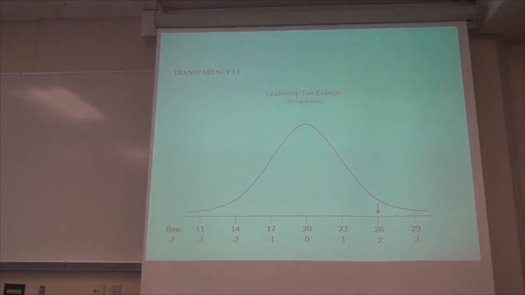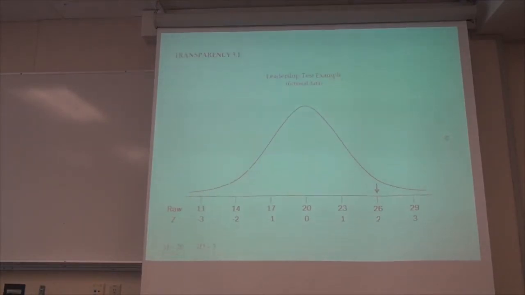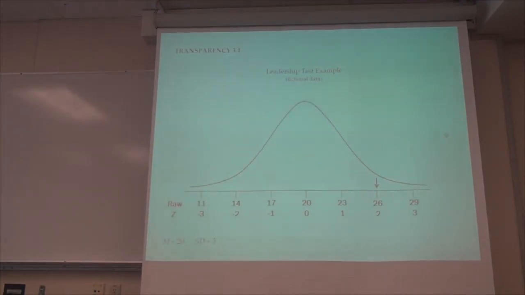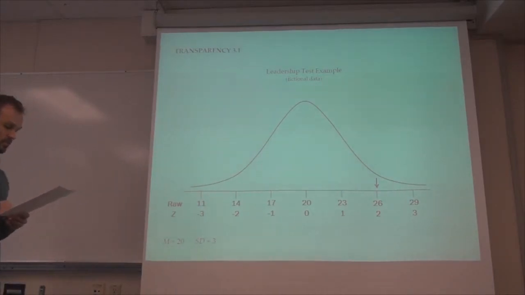So if I, for example, have a case where my mean is 20 and my standard deviation is 3, what does that 3 really mean? What does the 3 imply? If I have a score from a specific person of, let's say, 26, what does that really mean?